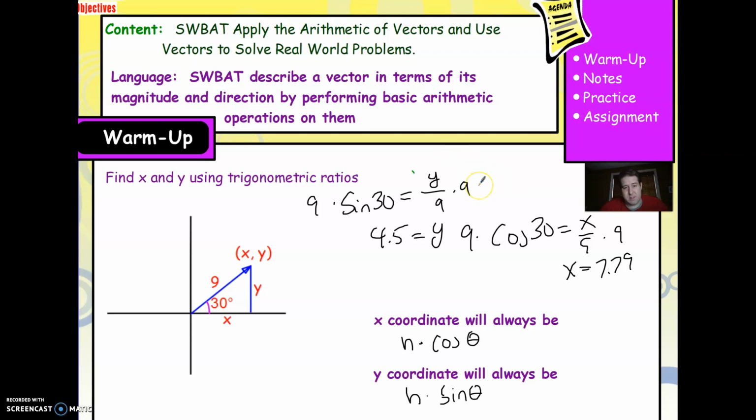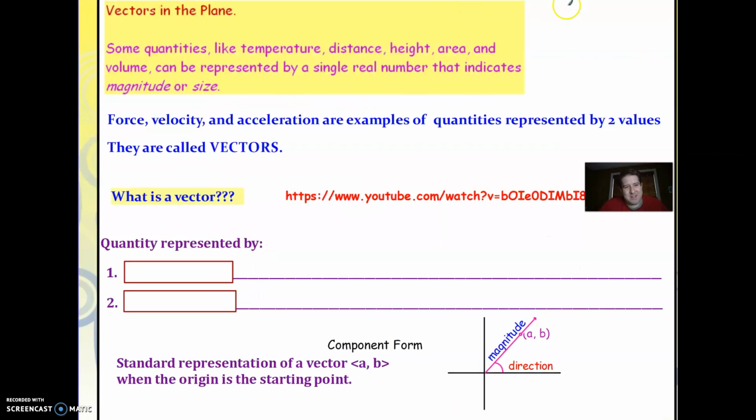I was trying to find the vectors based upon what was given. You'll see. So vectors in this plane. Vectors are a way of describing the magnitude, which is the size, and the direction of a force or velocity or acceleration. These are all things that could be represented by vectors.